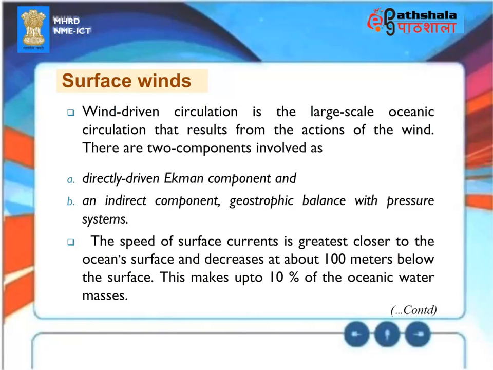There are two components involved, a directly driven Ekman component and an indirect component, geostrophic balance with pressure systems. The speed of surface currents is greatest closer to the ocean's surface and decreases at about 100 meters below the surface. This makes up to 10% of the oceanic water masses.